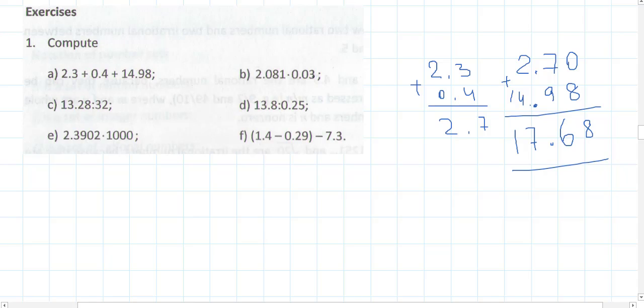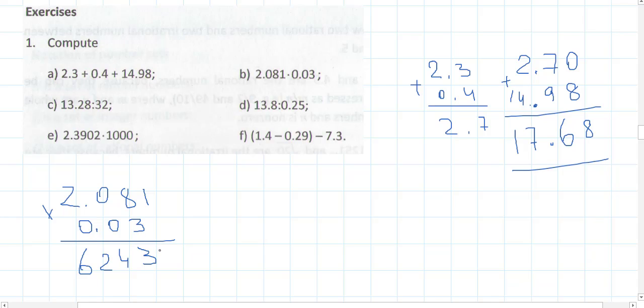Or we have the multiplication here. 2.081 times 0.03. So just multiply 2081 by 3. It will be 6243. Now let's compute how many figures after the points together. 1, 2, 3, 4, and 5.